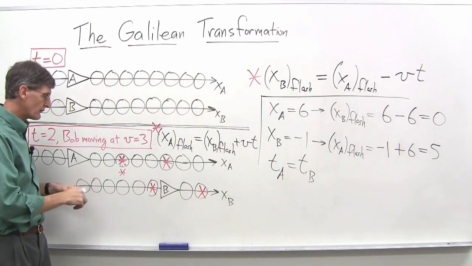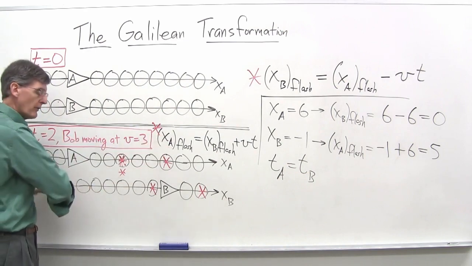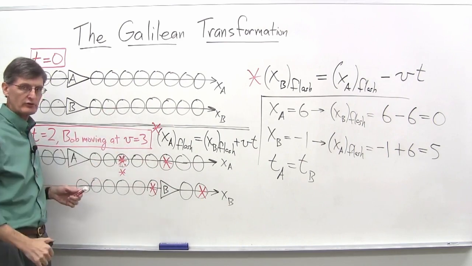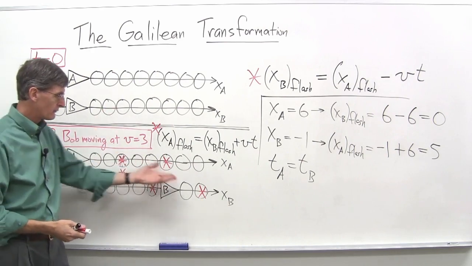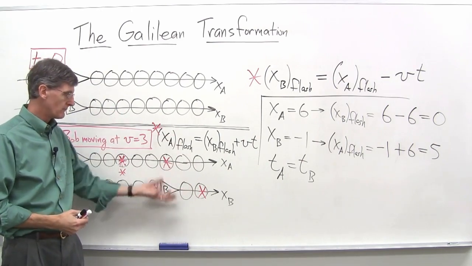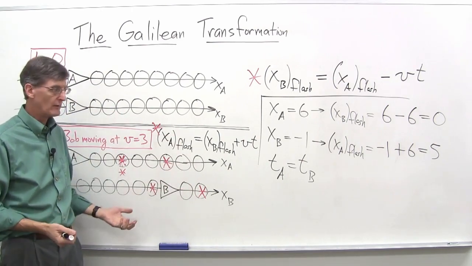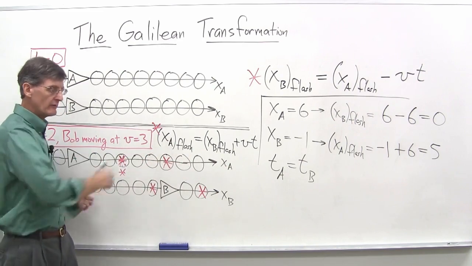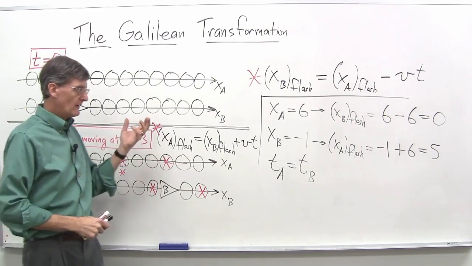That assuming Alice's clocks were all synchronized and Bob's clocks were all synchronized, then they'd always be synchronized compared to each other as well. So that at this point there's a flash, Alice's clocks and Bob's clocks would read the same thing. You wouldn't have to worry about that. You just have to figure out the difference in locations according to where these events were occurring.